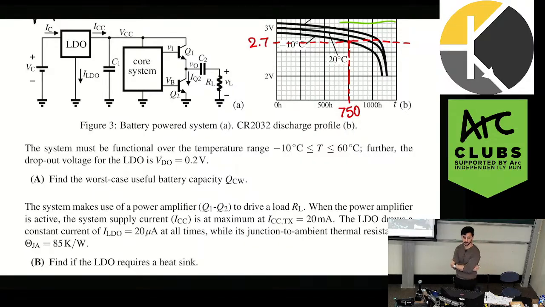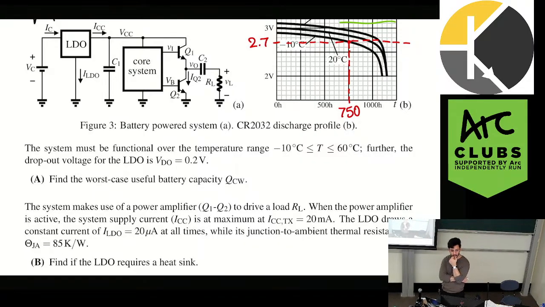We can start with doing the equivalent circuit, the thermal one. I don't think we can, because we're only given theta JA, the junction to ambient thermal resistance, which is a hint that maybe we don't calculate the others in this case.